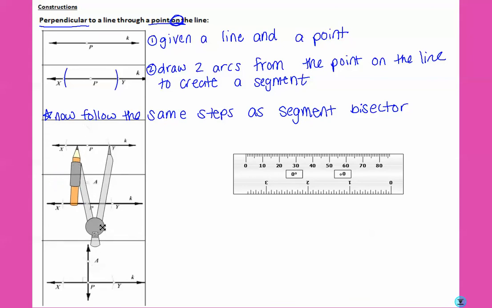So I'm going to go a little bit past P. Then we want to draw an arc that goes above and below. Then we're going to move our compass to the other side.